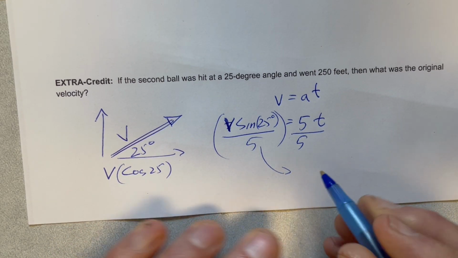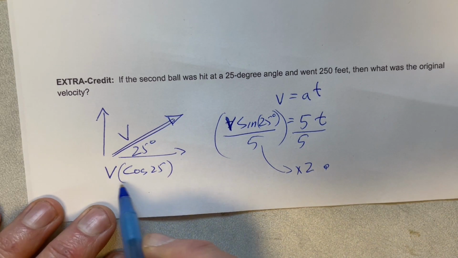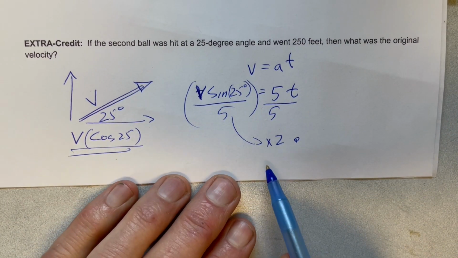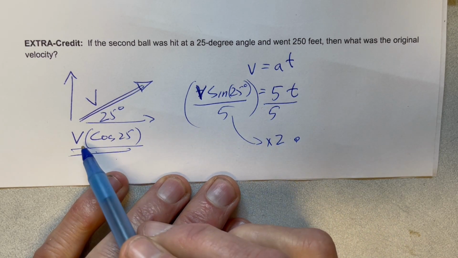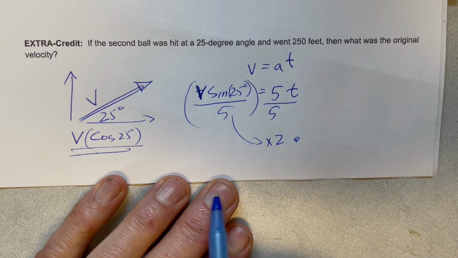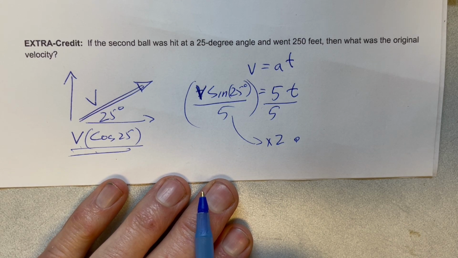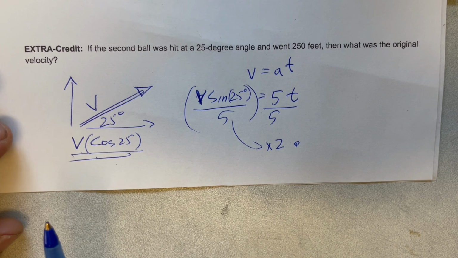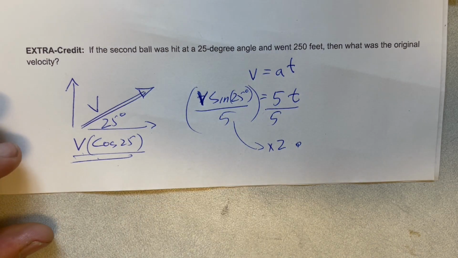I can multiply that by 2, and then I can multiply that times my horizontal component like I did up here, and now I'm going to get my horizontal component also with a v in it, and this v times the other v will give me a v squared, but it'll all be numbers, and then I can solve for v that way. And once I get that, I can go back and calculate the distance that the golf ball travels, and that is how you do it.